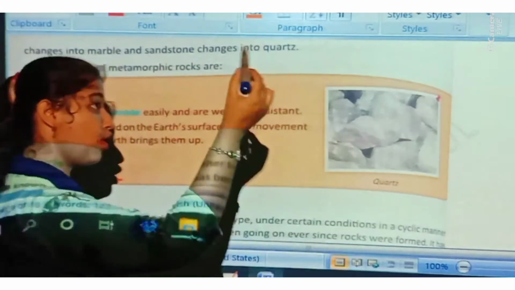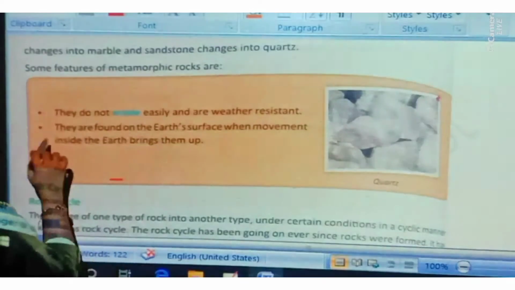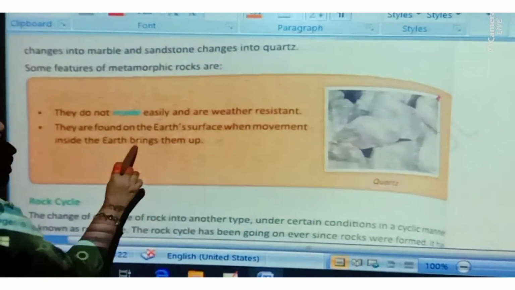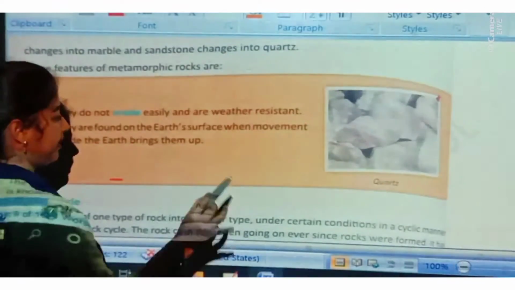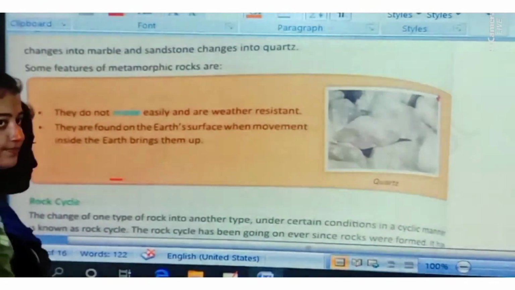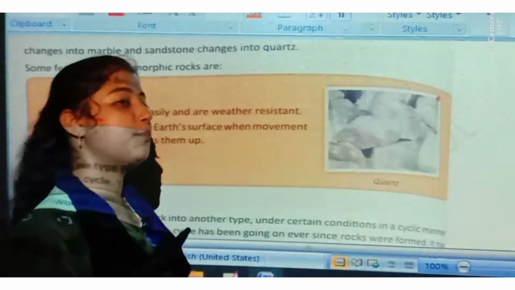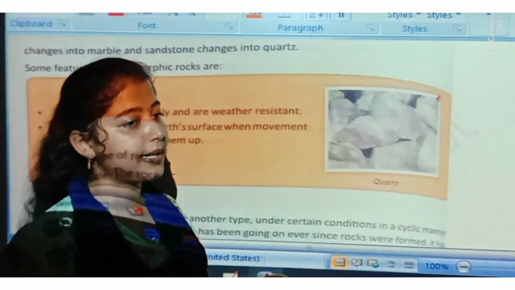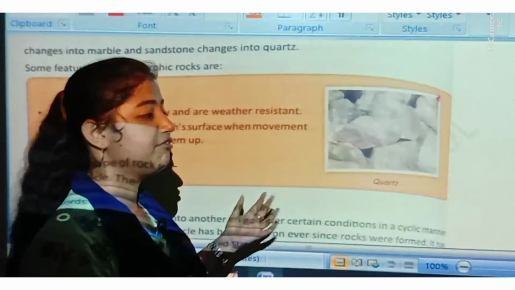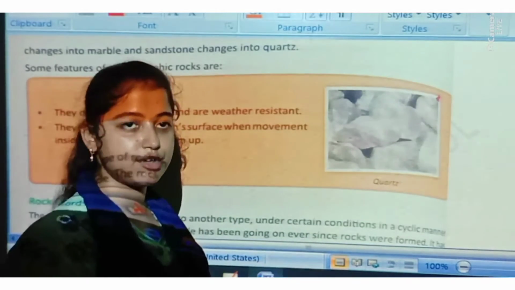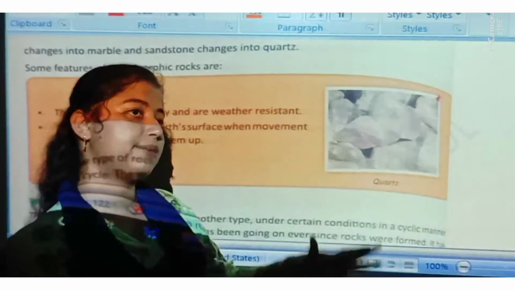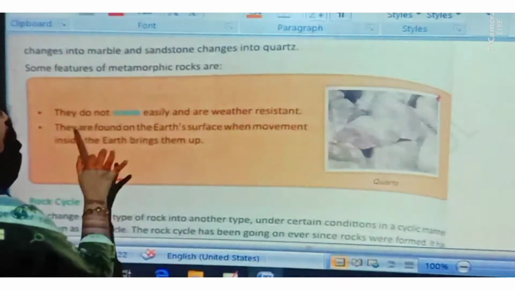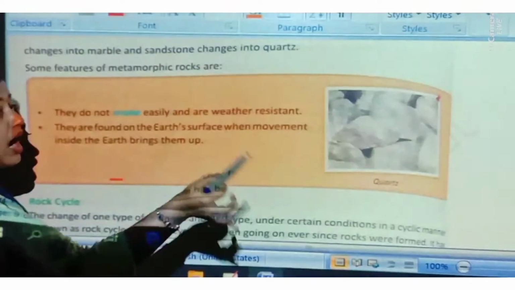They are found on the earth's surface when movement inside the earth, like plate tectonic movement, brings them up. Whenever plate tectonic movements happen, such as transform plate movement, convergent plate movement, and divergent plate movement, these movements bring the inside rocks up.